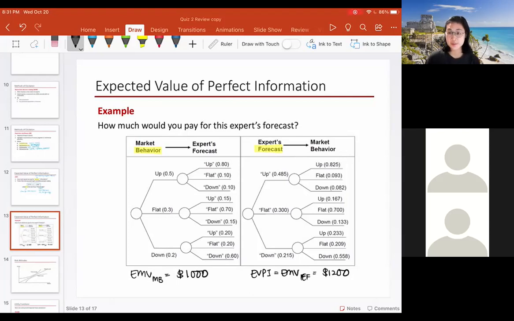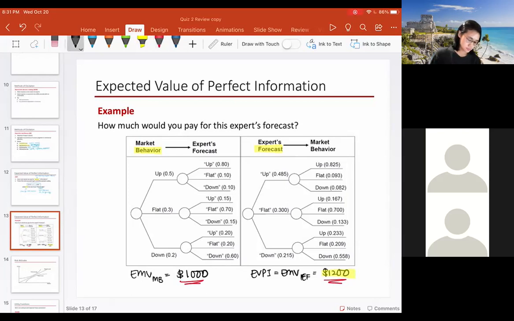Say you've hired an expert. They're claiming that if you hire them, they can raise your EMV to $1,200. The expected value of that perfect information is $1,200. How much would you be willing to pay that expert, or spend on that new technology, to bring your expected value up from 1,000 to 1,200?